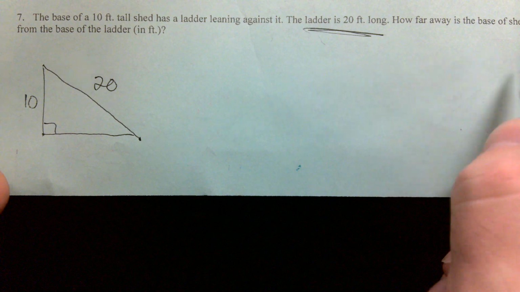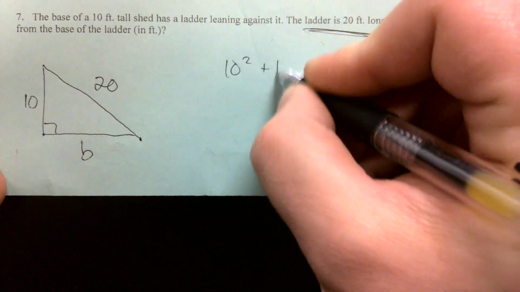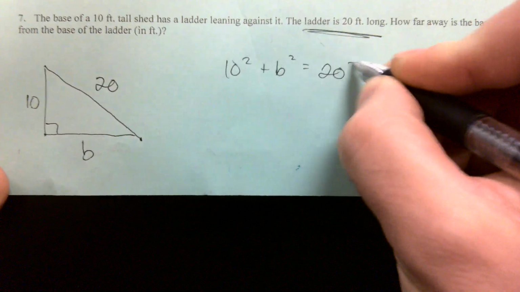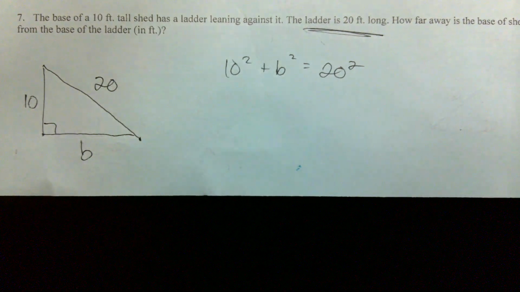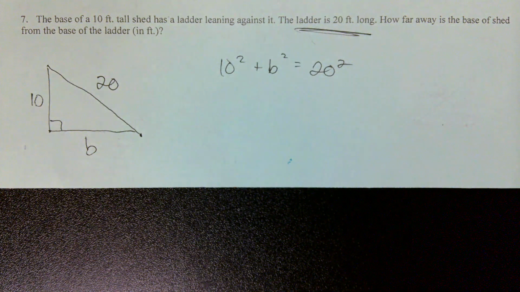What we want to find is how far away the base of the shed is from the base of the ladder. So there's the setup. You can finish that on your own. And we'll turn this in tomorrow because I want you to finish this. Thank you.